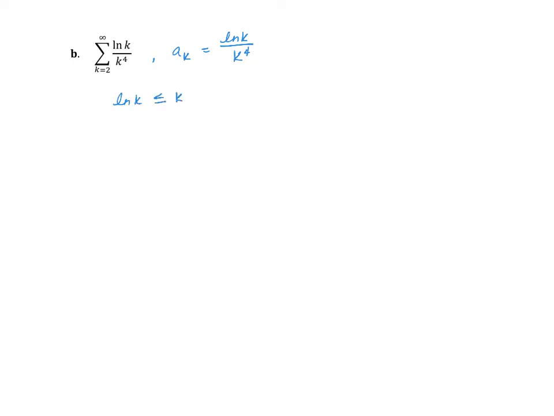I know that the natural log of k is less than or equal to k for k values greater than or equal to 2, and I'm choosing 2 because that's where my series started. So if I simply divide both sides of this inequality by k to the fourth, I know the natural log of k over k to the fourth is less than or equal to k over k to the fourth.